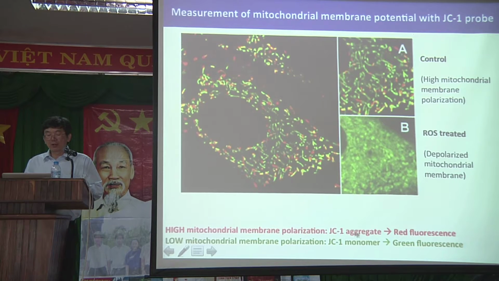They form oligomers. These oligomers have a different fluorescence. They have a red fluorescence, whereas in the monomer form, they have a green fluorescence.